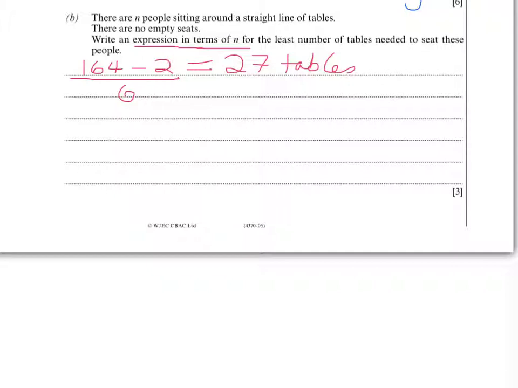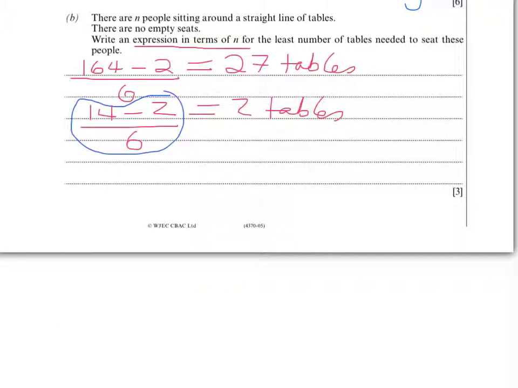Now, let's say, for example, I had 14 people. If I took away the 2 at the end and divided by 6, so 14 take away 2 is 12, divided by 6, that would tell me I had 2 tables. So this is the formula that I've been using each time to work out the number of tables. I'm always taking away 2 and then dividing by 6.